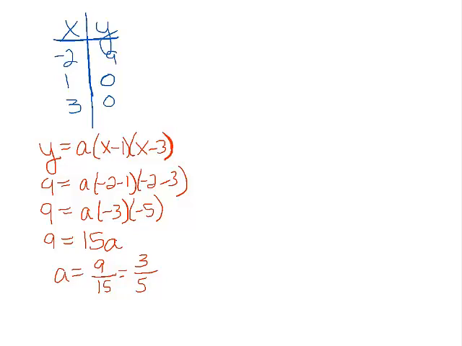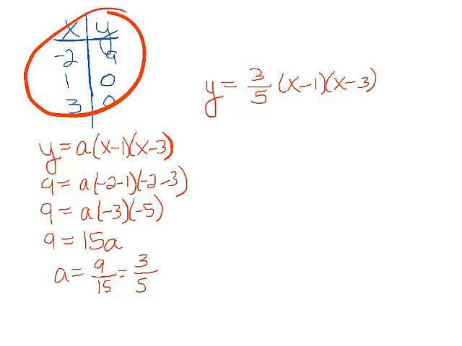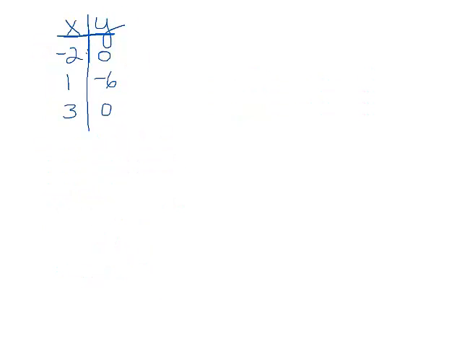So we have a quadratic function, y equals 3/5 times x minus 1, x minus 3. We have another point that is going to help us find an a value for this quadratic. Let's go on to the next quadratic, y equals a, same way I was doing before. This has a factor of x plus 2 from that -2, 0, and x minus 3.